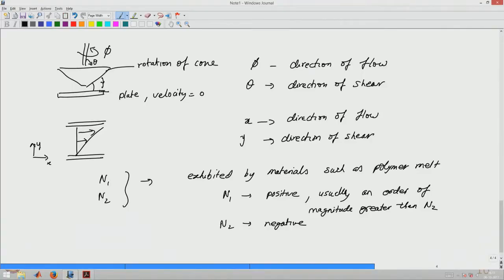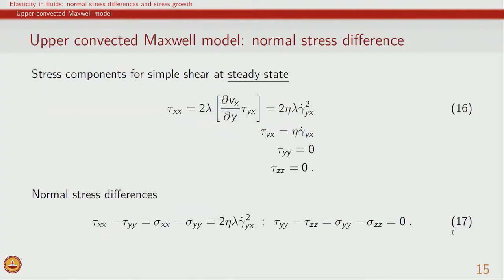And so, given this behavior, the other feature which is also commonly seen is the fact that the normal stress differences are functions of strain rate. So, therefore, the normal stress differences are not constant as is predicted by the upper convected Maxwell model.